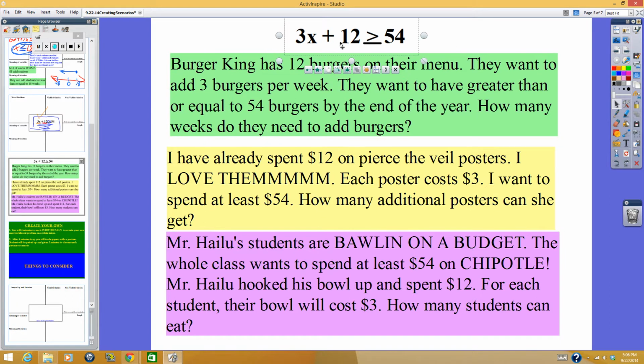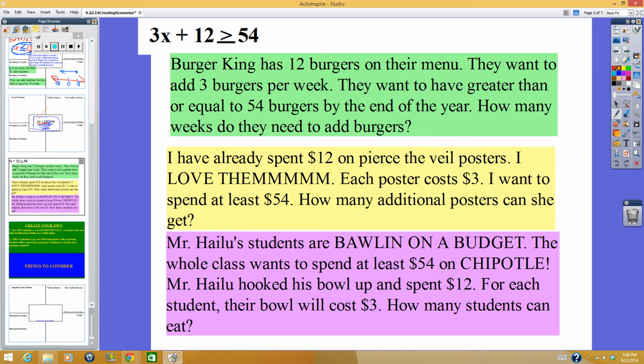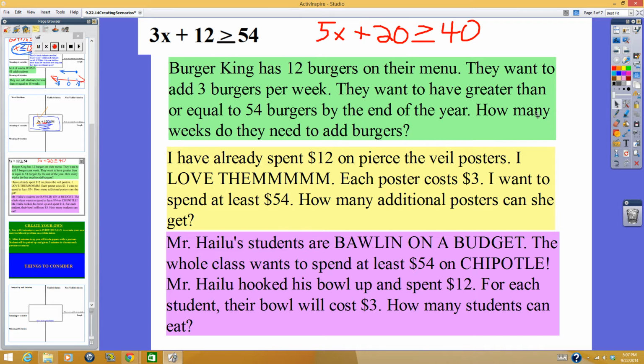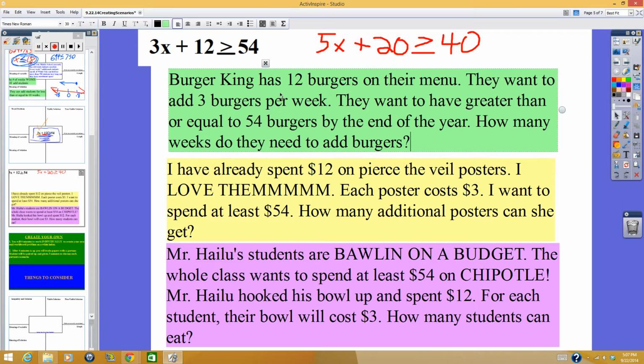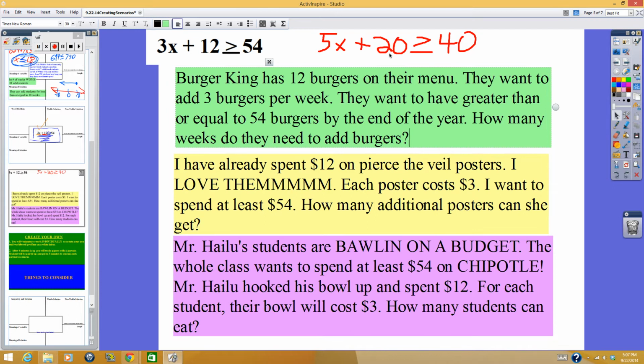If you were to change this inequality, guys, to let's say 5x plus 20 is greater than or equal to 40, these word problems still work. I'm going to change the numbers though. For this one, I would have to start off with 20 burgers because that's my constant.